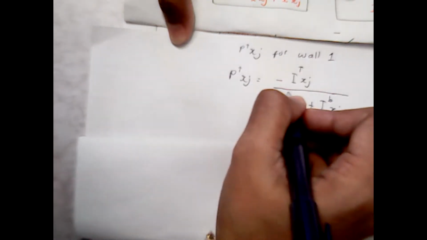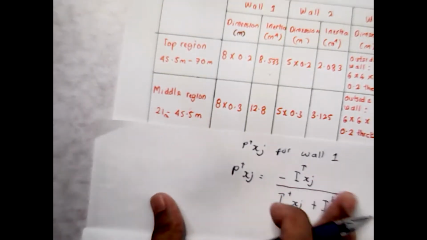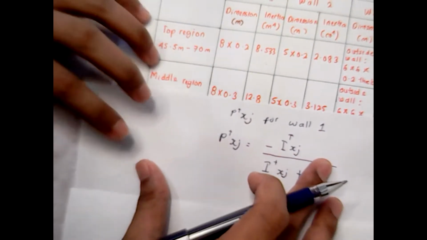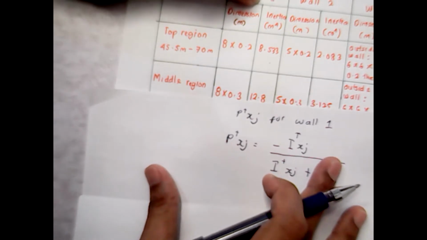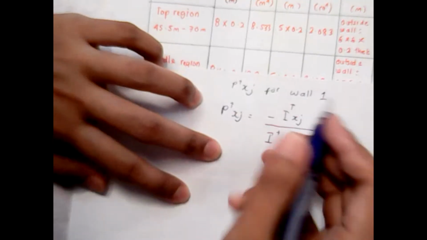Okay, so here wall 1. So now let's look at wall 1. So where is your wall 1? So this is your wall 1 top region, for interchange level 8.53.